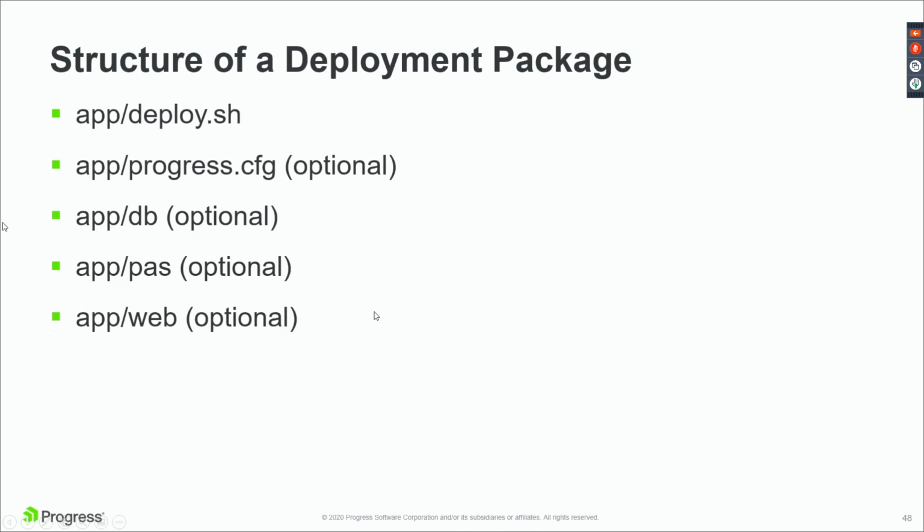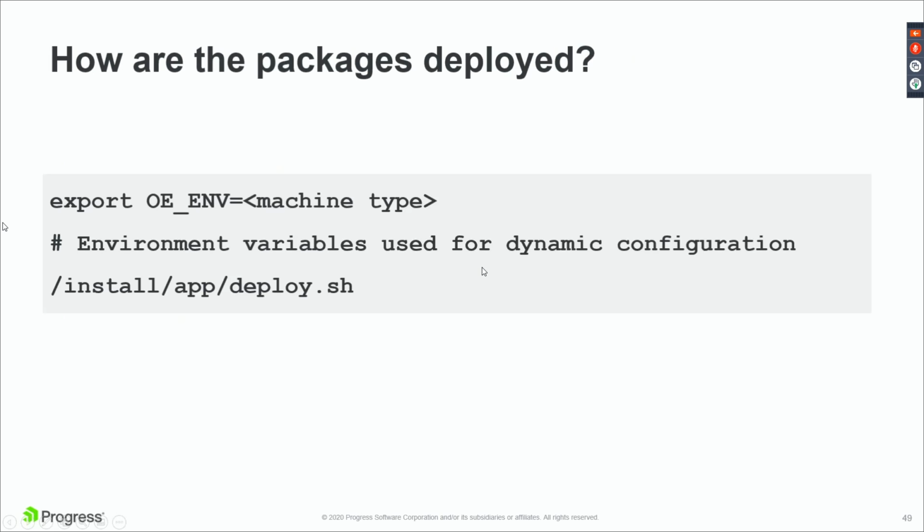Okay. The structure is the deploy.sh script and a progress CFG file that you have to provide so that it can start the OpenEdge database server, the broker, and also PaaS-OE. The packages are deployed by using just this syntax.